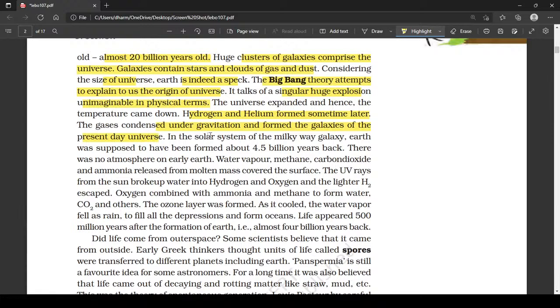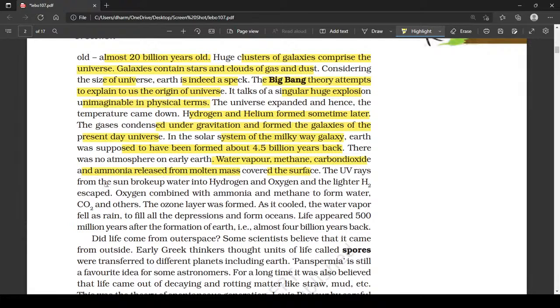In the solar system of the Milky Way galaxy, Earth is supposed to have formed about 4.5 billion years back. There was no atmosphere on the early Earth. Water vapor, methane, carbon dioxide, and ammonia released from the molten mass covered the surface.